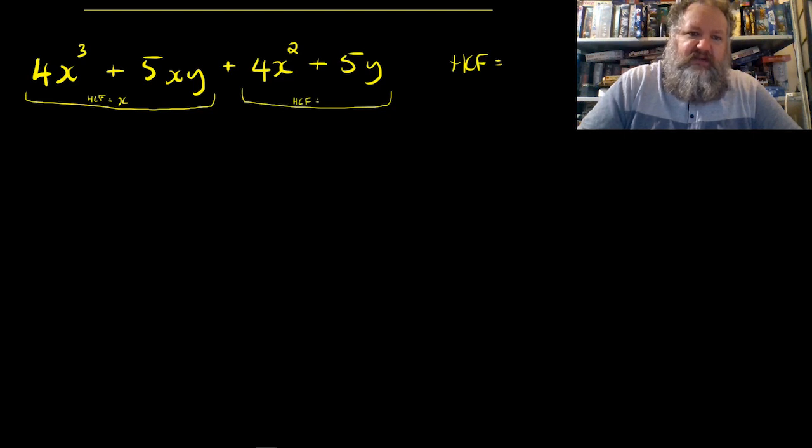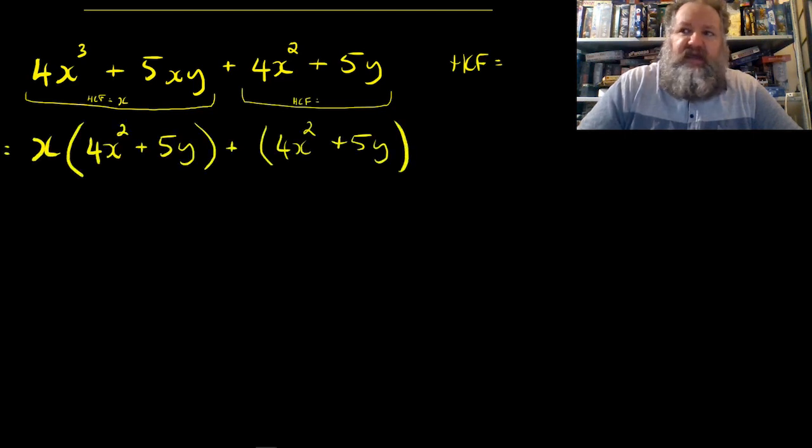When I actually apply the x out the front of this particular one here, so I divide x into here, it'll give me 4x squared plus 5y, and then I look at this grouping over here. Well, this grouping over here didn't have a highest common factor, or did it? Well, it's exactly the same as what I've got here. I've rewritten it, and that is a common factor, but there seems to be a highest common factor missing here.